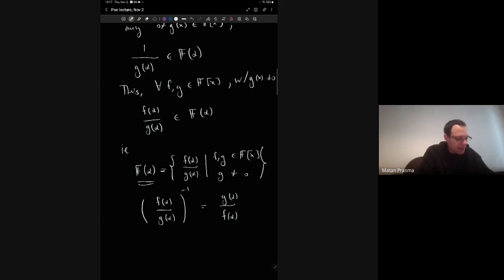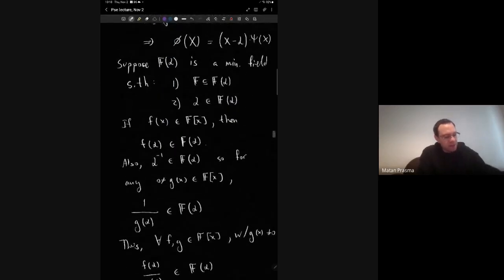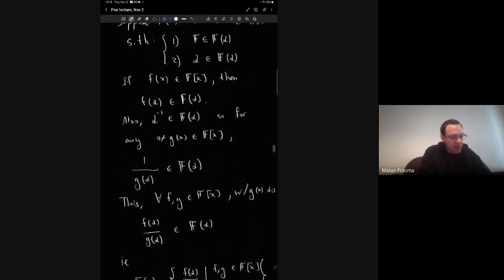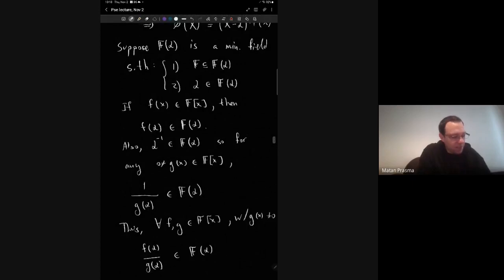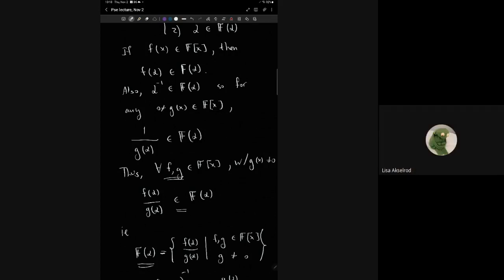It's the set, and the reason is that I want a minimal field with these two properties, and I reason about it in two steps. Oh, makes sense.